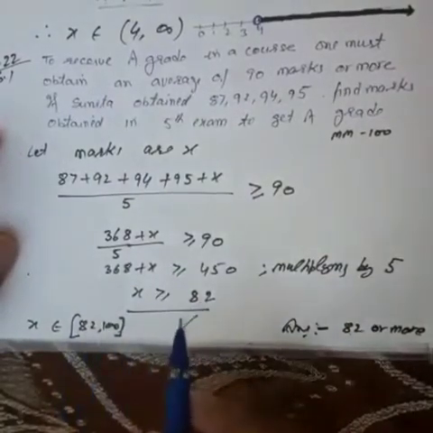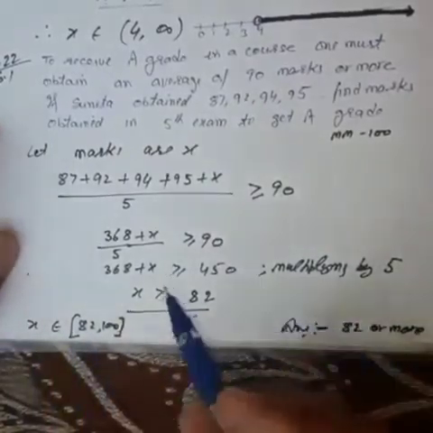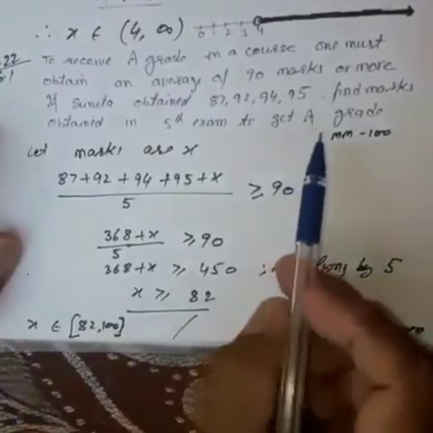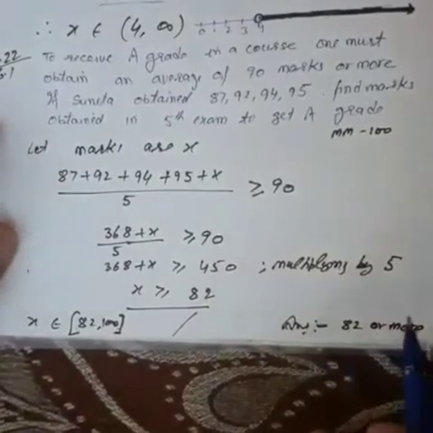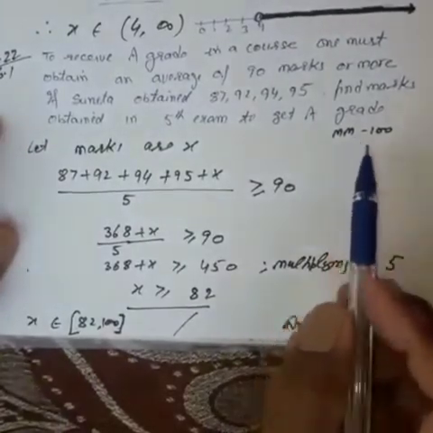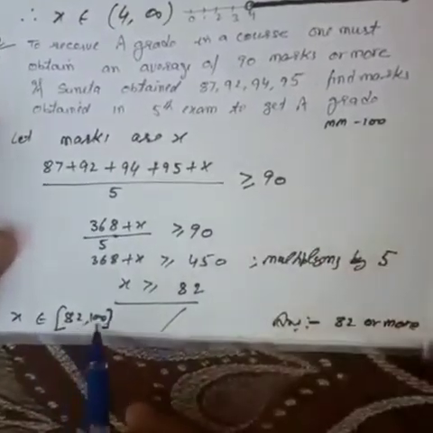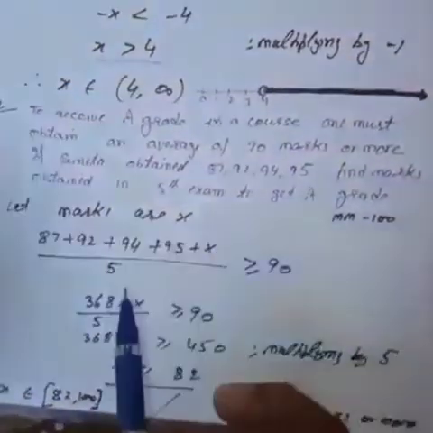We cannot write 82 to infinity because the maximum marks are 100, it may be 200 maximum. So if maximum marks are not mentioned, then 82 or more will be the answer. If the maximum marks are 100, then this will be the interval, and you can change the upper limit on the basis of the maximum marks provided in the statement.